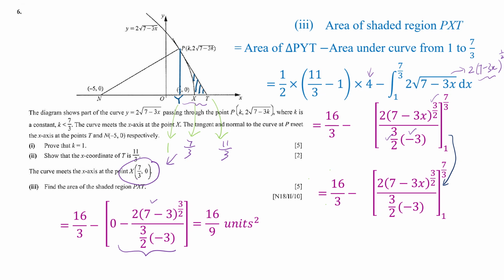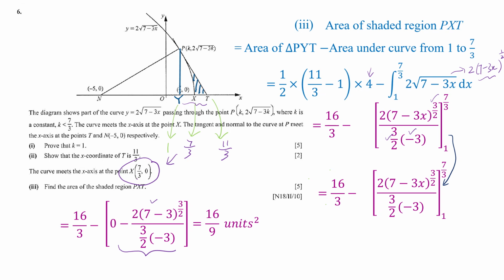0 minus away the fraction: 2 times (7 minus 3) to the power 3/2, over 3/2 times -3. If you do it carefully, you would get 32/9.